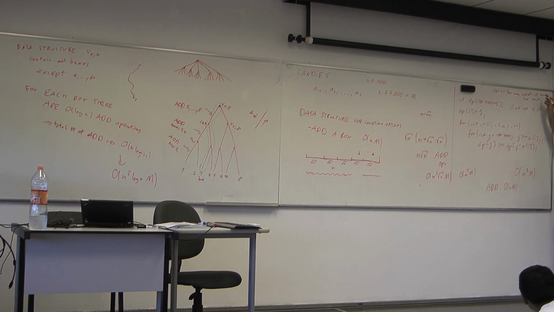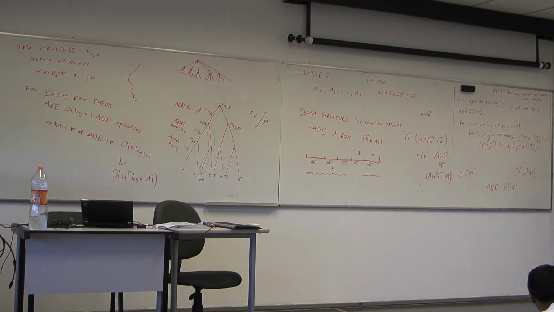So if this is 0, this means i is not an option. If this is more than 0, this would count the subsets of boxes whose total size is equal to i. So again, if this is 0, this is not an option. If this is greater than 0, then it is an option.